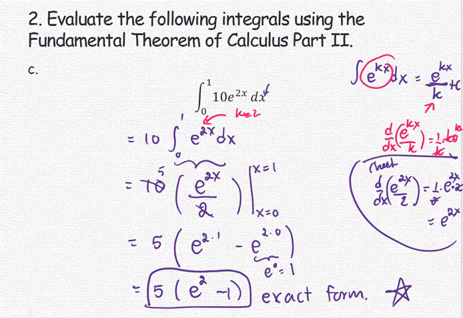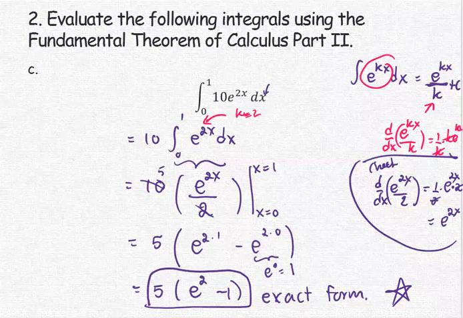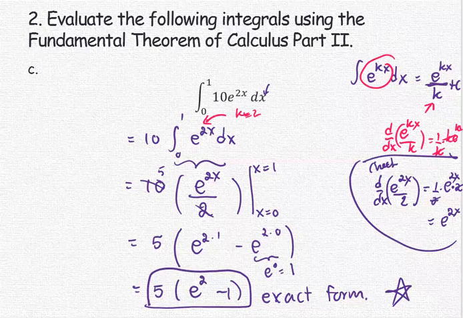So you have to leave it in exact form and show your work to earn credit or partial credit. So this is part C, involving the exponential form. The main part is to find the right antiderivative, and the second part is to use algebra to simplify the numbers, and the answer will be some form of a real number.